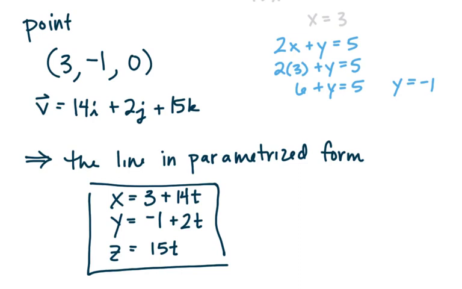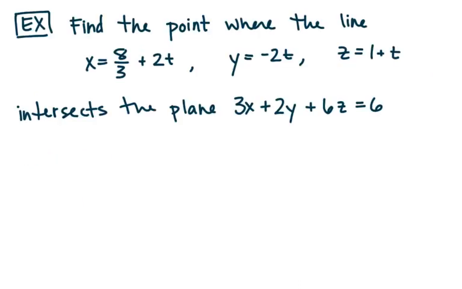So let's do one more example in this video. For this example, we're going to find the point where the parametrized line intersects this given plane. Now, remember, this is the same plane that we talked about in the video prior to this.